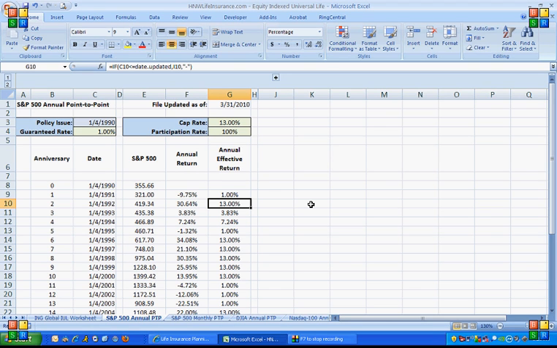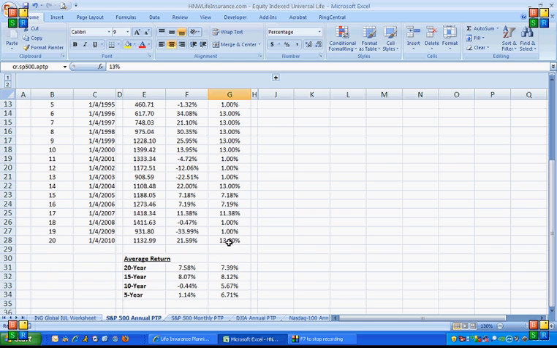Our return isn't necessarily going to be what the S&P actually returns, but what gets returned within the constraints of the Equity Index Universal Life contract. And right now we have those constraints set at a 1% floor and a 13% ceiling. If the return falls in between those two numbers in any given year, then that's the number you will get.